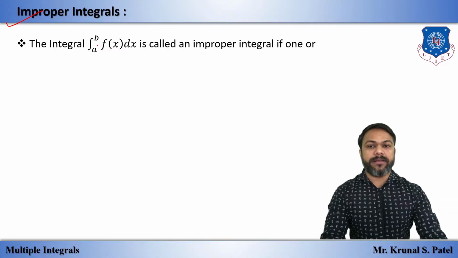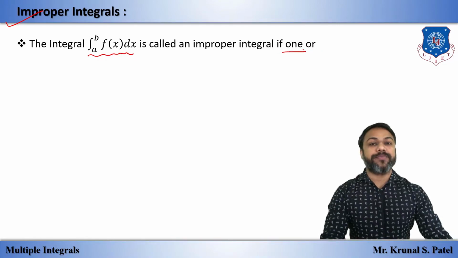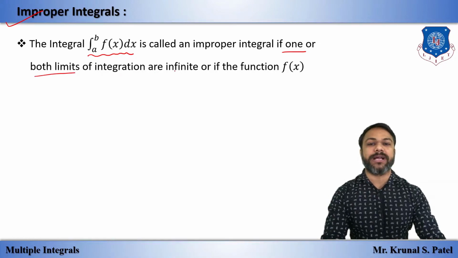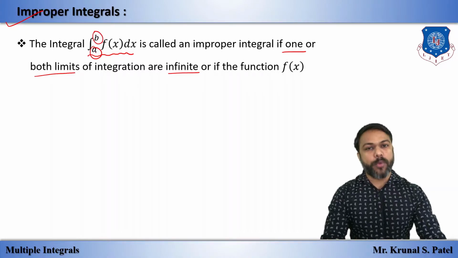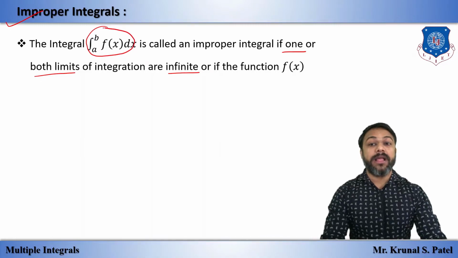The integration a to b f of x dx is called improper integral if one or both limits of integration are infinite. That means this a or b or both will be infinite, then we can say that this integral is improper integral.